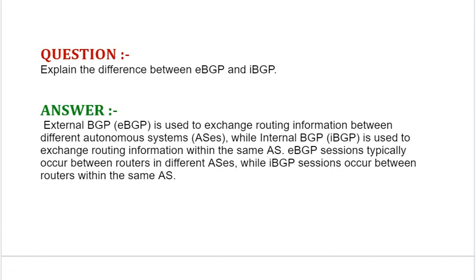Your answer should be: external BGP, eBGP, is used to exchange routing information between different autonomous systems (ASs), while internal BGP, iBGP, is used to exchange routing information within the same AS. eBGP sessions typically occur between routers in different ASs, while iBGP sessions occur between routers within the same AS.